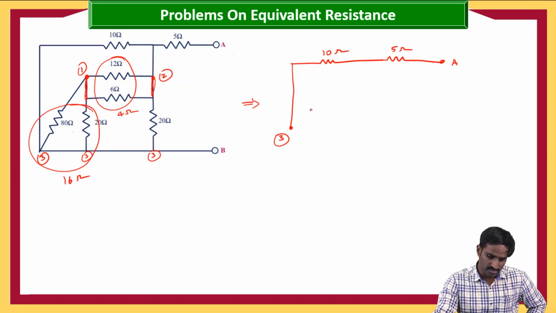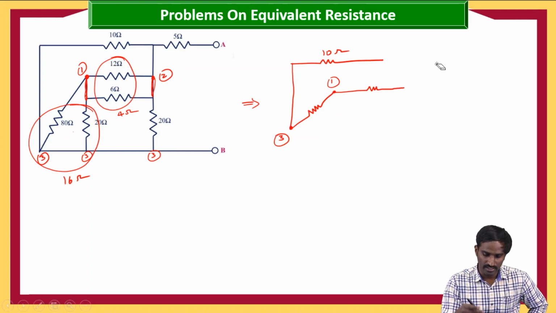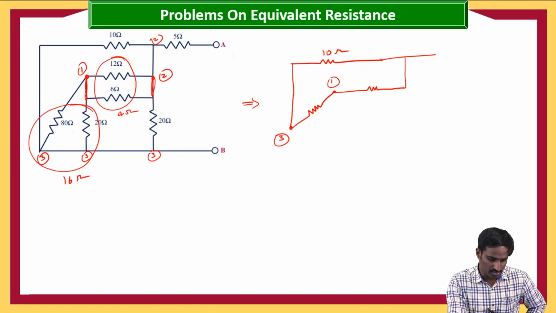Let us consider the same way here, without getting confused. So here it is 1, and again here you will be having one more resistor. Then let me delete this one, and this is 2 and this is also 2.